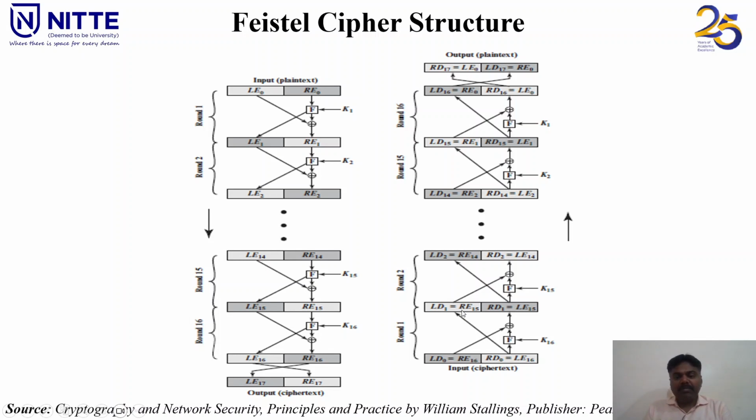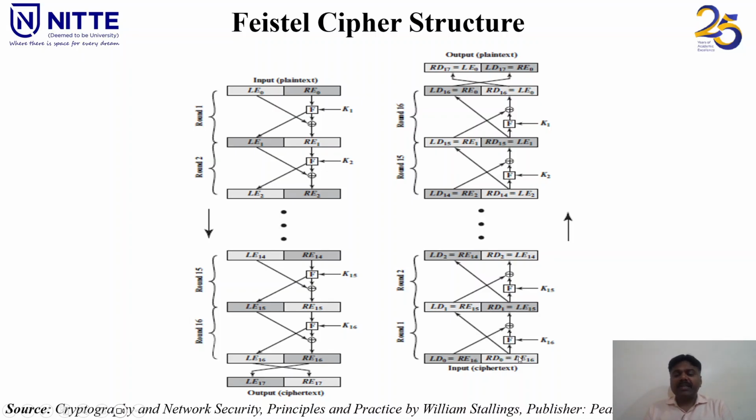At the same time, when we perform the decryption, the same Feistel cipher structure is used to perform the decryption process. The output we got in the encryption process becomes the input to the decryption, the left-hand side and the right-hand side.